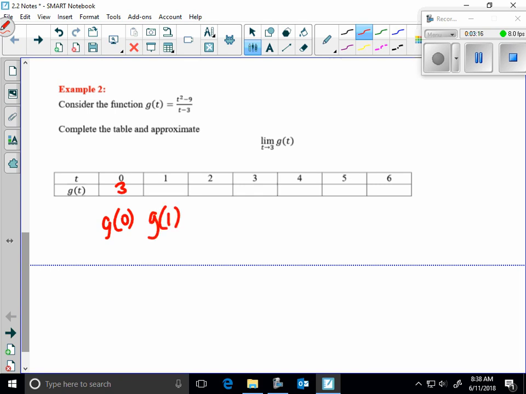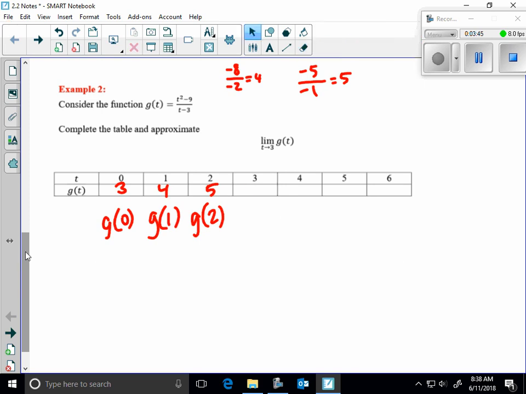Well, that'd be 1 minus 9, which is negative 8, over negative 2, which is 4. What about g of 2? g of 2 would be 4 minus 9, which is negative 5, over 2 minus 3, which is negative 1, which is equal to 5. So you kind of see what's going on here.